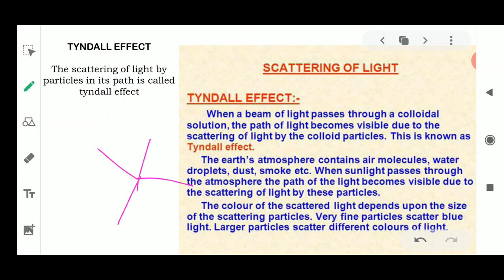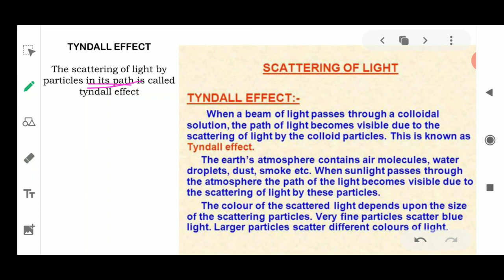But if it is scattered in a particular path, then it is known as the Tyndall effect. Tyndall was the name of the scientist who discovered it: once the light ray is passing, it makes a pathway, and this pathway of light is formed because of scattering. This is known as the Tyndall effect.